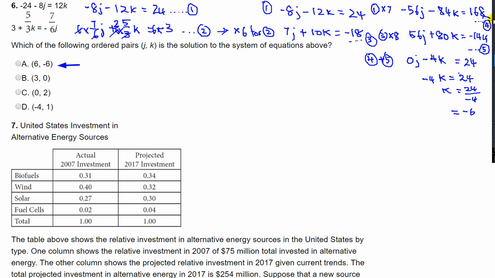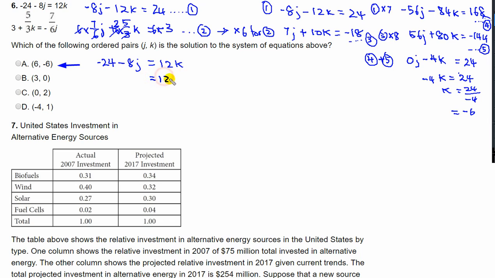But you can always do the verification. Let's take one of the equations, let's take this one without the fraction. Minus 24, minus 8j equal to 12k. Now let's substitute k equal to minus 6.